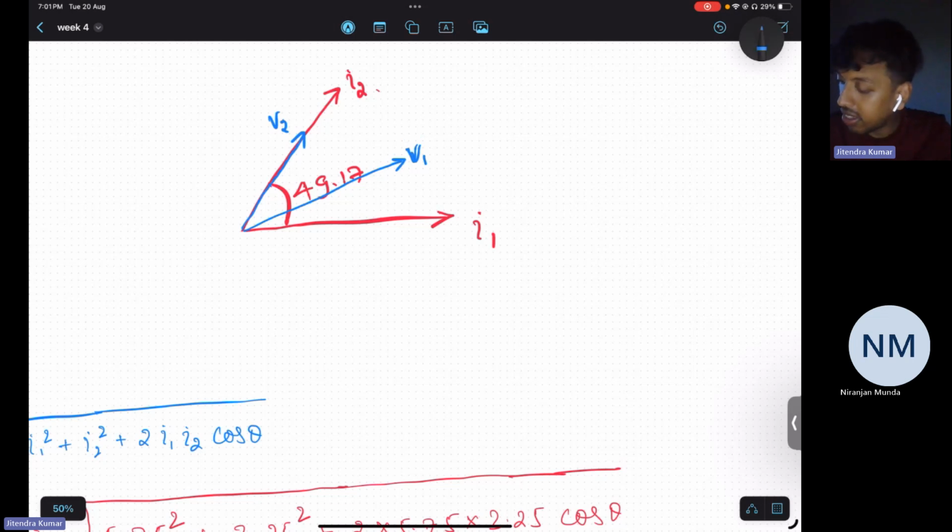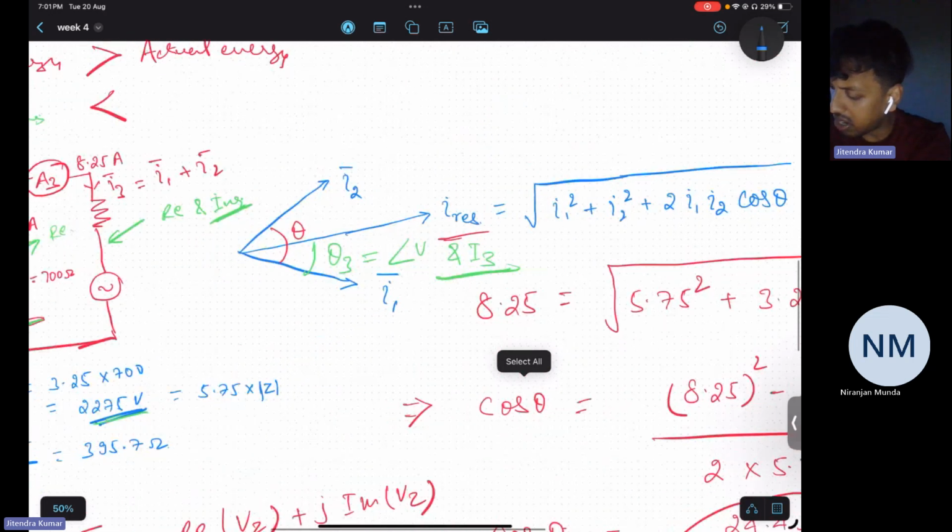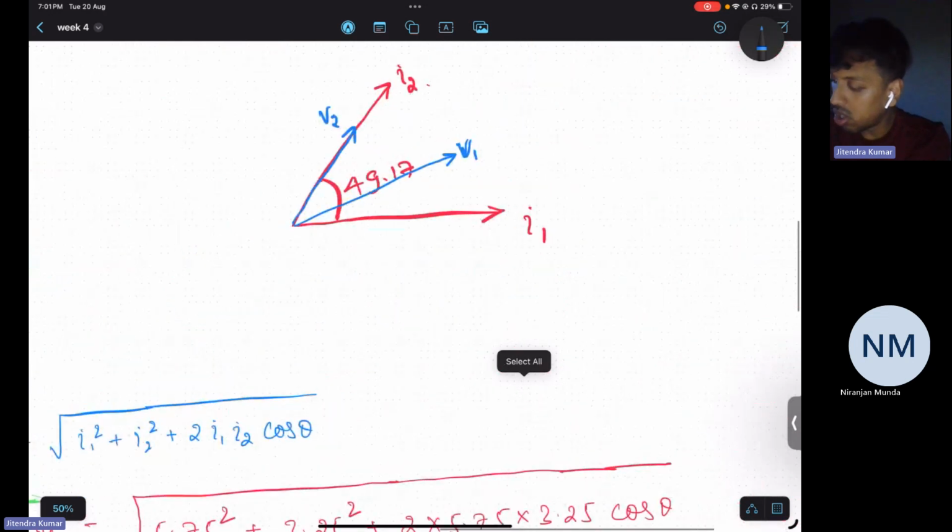And apparently, what is the angle between I3 and I1? I3 was the resultant. And the resultant angle, do we know? V and I3, no, we don't know. So I3 also must be lying somewhere here.